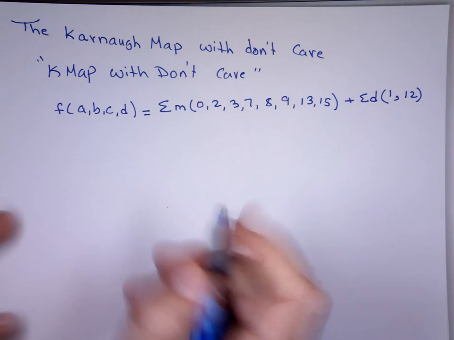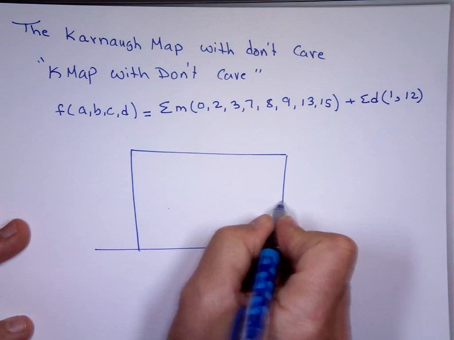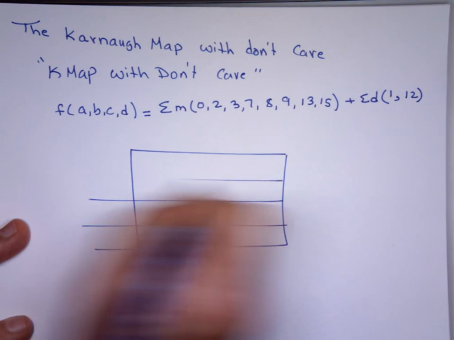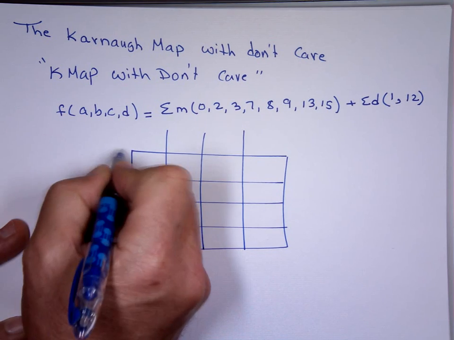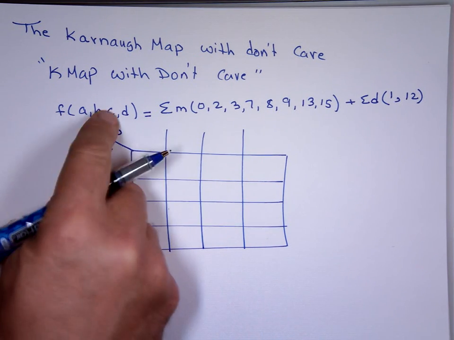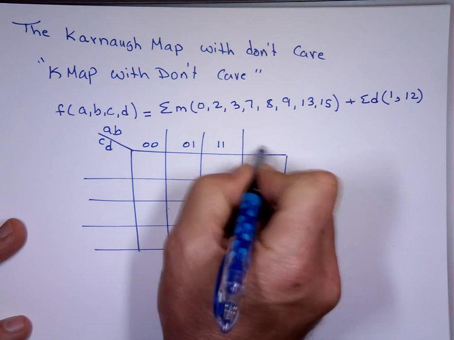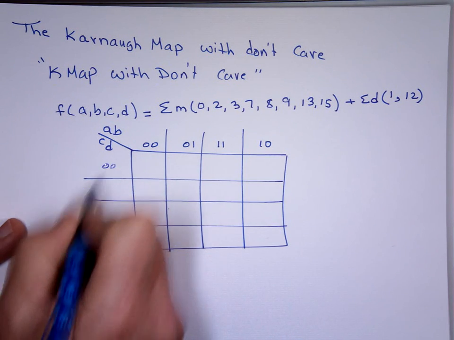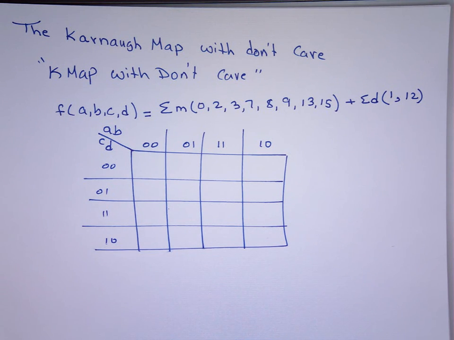So let's see, this is a 4 variable K-map, A, B, C, D. In case you forgot, I put the most significant on the top, the least significant on the bottom. A, B, C, D. 1, 1, 1, 0, 0, 0, 0, 1, 1, 1, 1, 0. I'm going to label these, write the numbers on them.